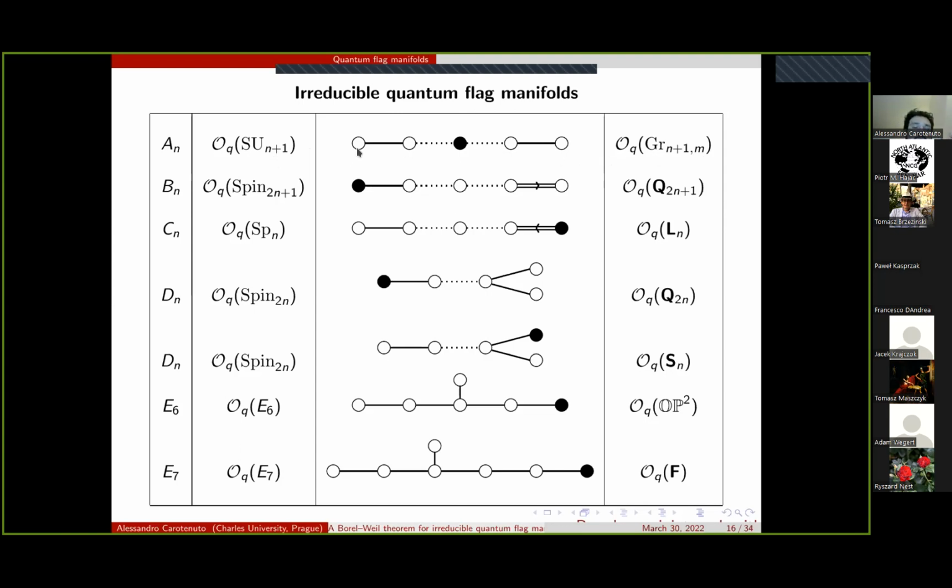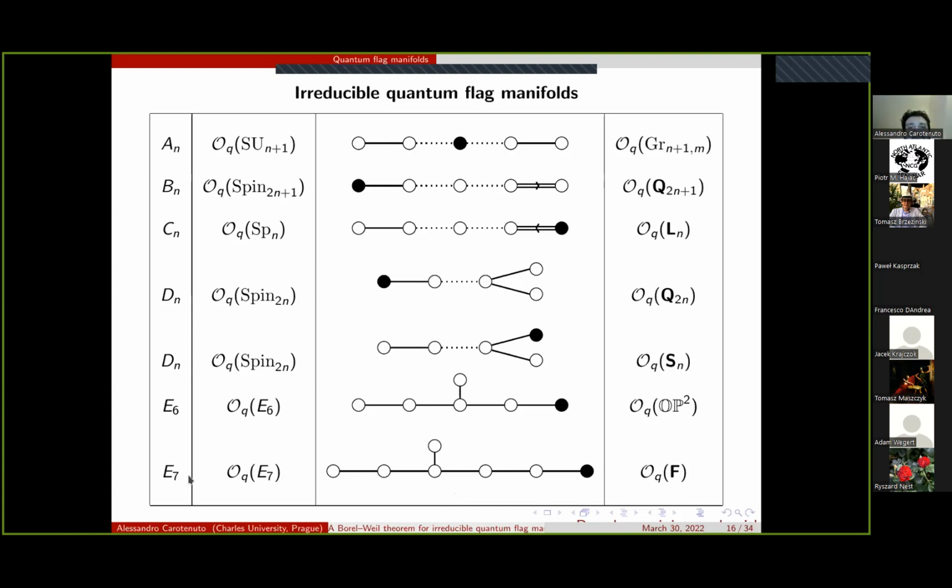In particular, if you cross the first node or the last node, you get a projective complex space. Then the other irreducible quantum flag manifolds are the ones listed in the table for the series B_n, C_n, and D_n, and we also have some flag manifolds for the exceptional E6 and E7.